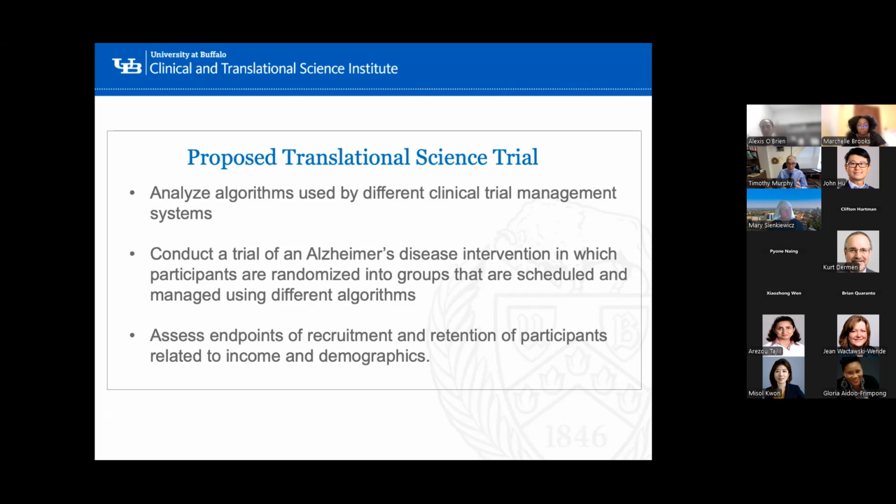And you can assess the endpoints of recruitment and retention based on those things. So that would be the important generalizable or translational science question related to a project like that, a trial like that.